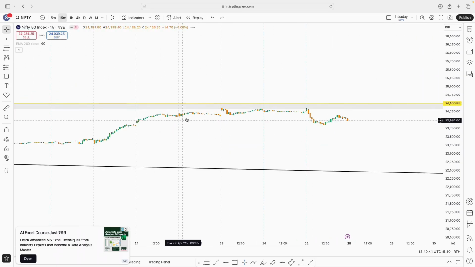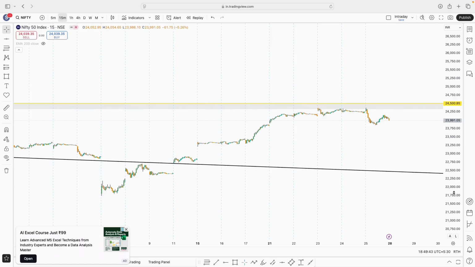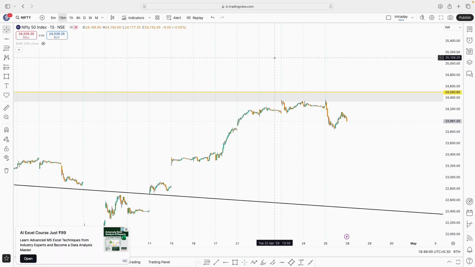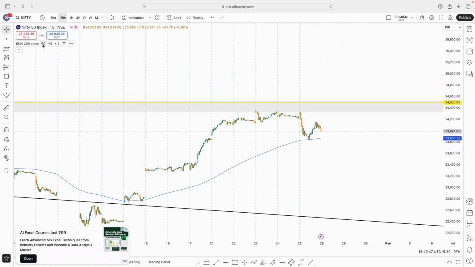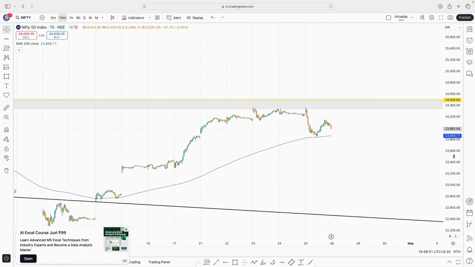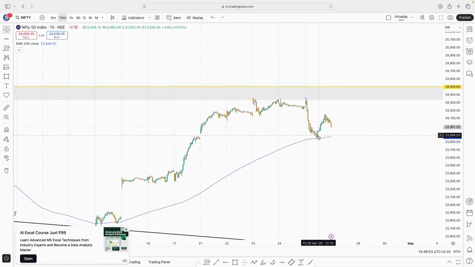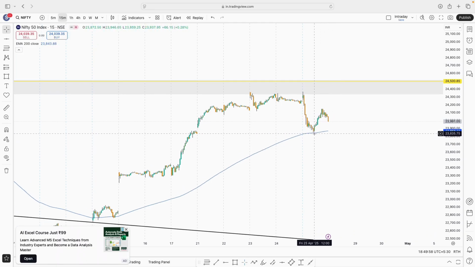Now I want to show you guys something which is pretty interesting. If we go down to the 15 minutes chart, and if I turn on the 200 period exponential moving average, we can see that Nifty has taken exact support from the 200 period moving average. There are a couple of scenarios which can play out here.